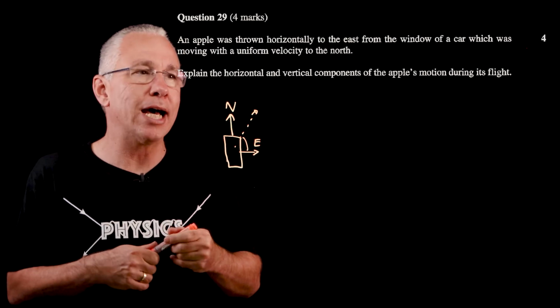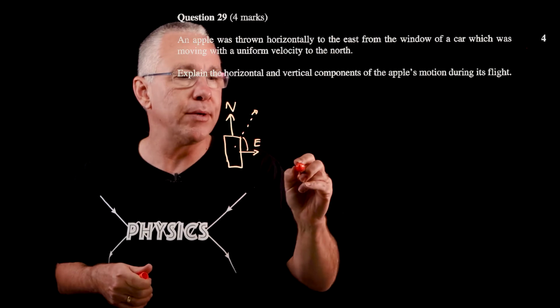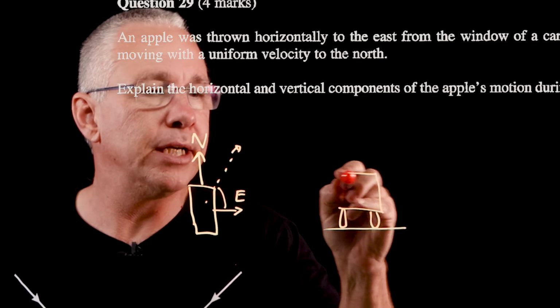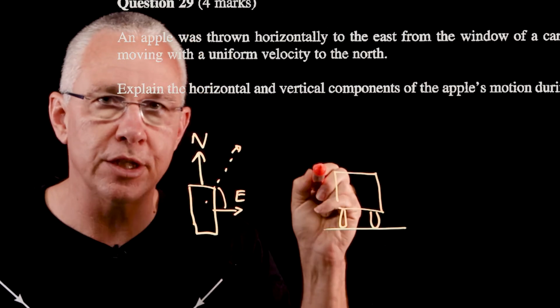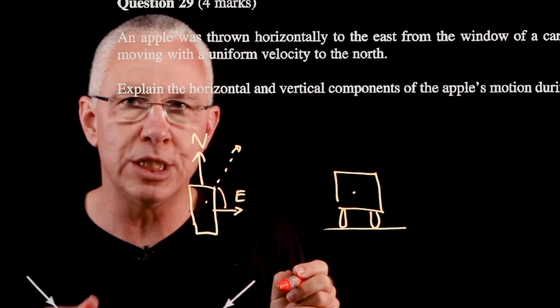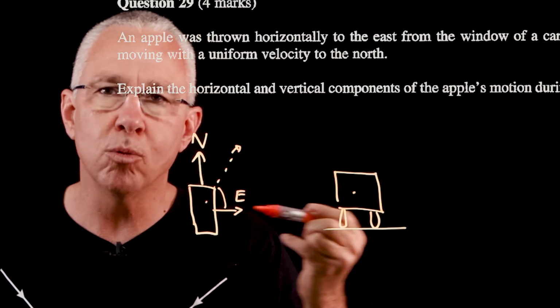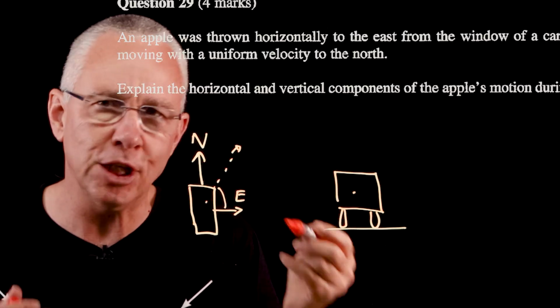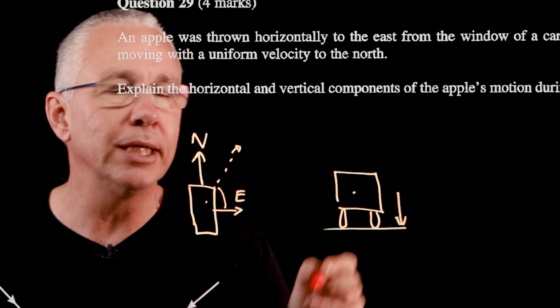But now let's have a look at the vertical perspective. And so here's our road, and here is our car, like so. Think of the northern direction as going into the page, so it's going away. What would you see? Now, obviously, that apple will be moving with some horizontal velocity. But vertically, the apple will be falling downwards.